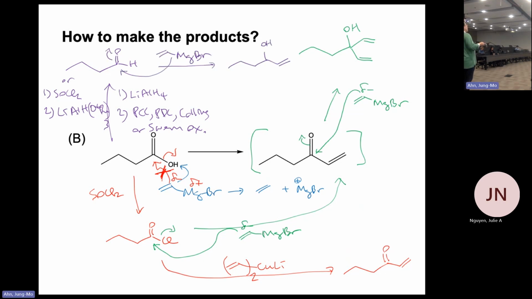The Grignard will attack and you get a secondary alcohol. The only thing you need to do is oxidize the alcohol to the ketone. That can be done easily by any oxidant, because with a secondary alcohol, anything that you use will just oxidize it. So there's always more than one answer. If you fail to go through the one we want you to do, there might still be other answers possible if you're clever.